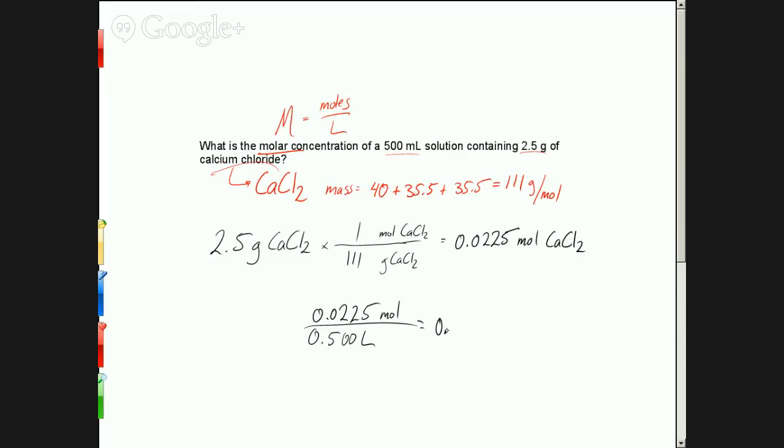That's going to be 0.045. And that's moles per liter, which is molar. So that's the molar concentration.